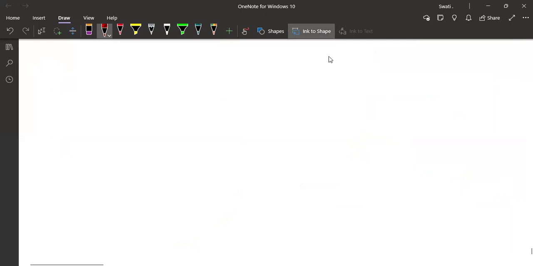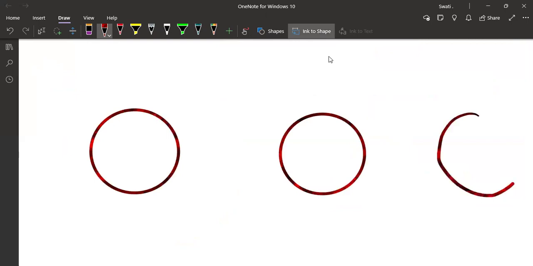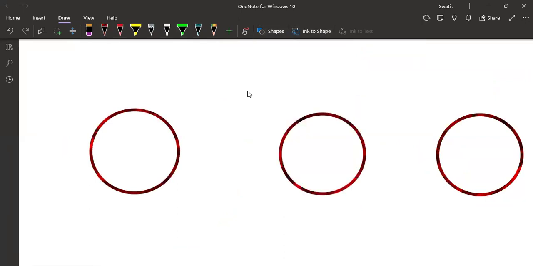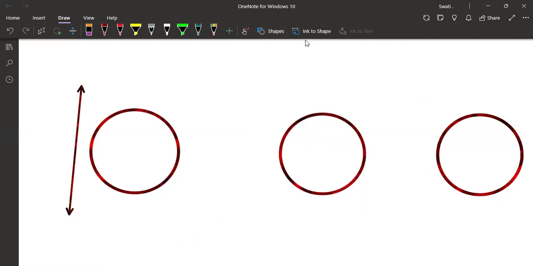Okay. Now I'll be drawing three cases. One circle, another circle, and another circle. Now I will also be drawing three lines. In the first case, a line here. In the second case, the line is here.